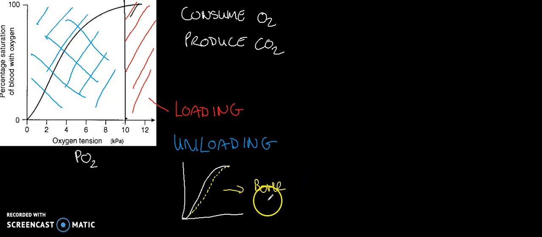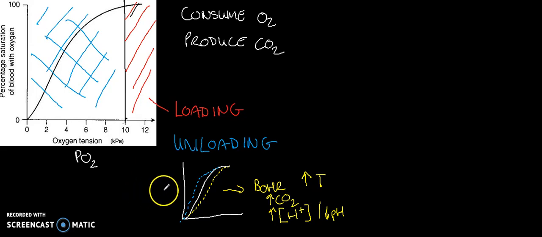Things that make it shift right are an increase in CO2, an increase in the concentration of protons, which means a decrease in pH, or an increase in temperature. And what are the things that make it shift left? Things that make it shift left are a decrease in all of these things.